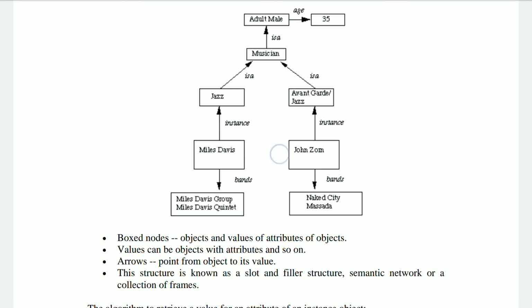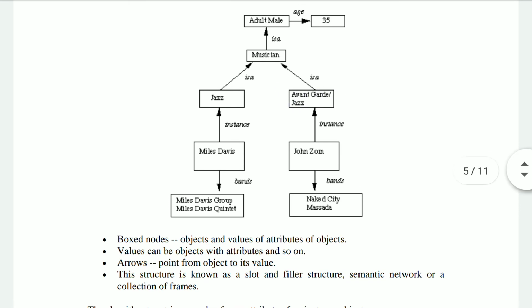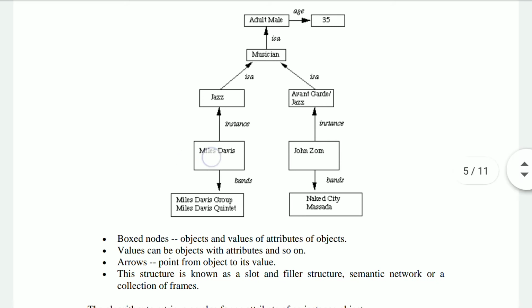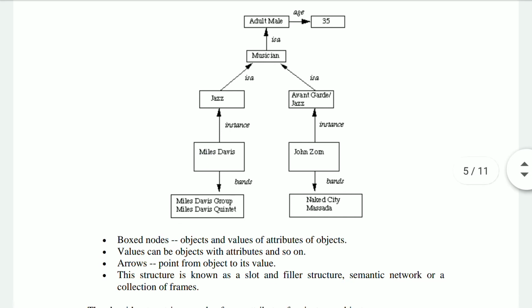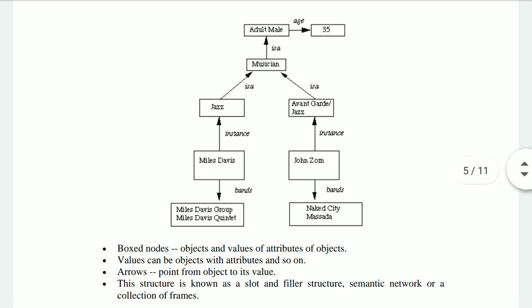John also has an instance where he has jazz and another type of music that he plays. So Miles Davis and John both hold an instance in which they play a particular type of music.